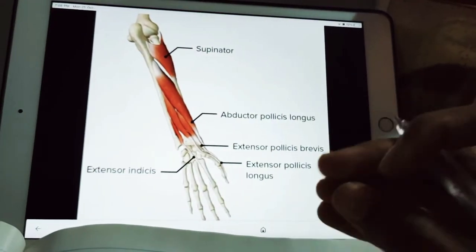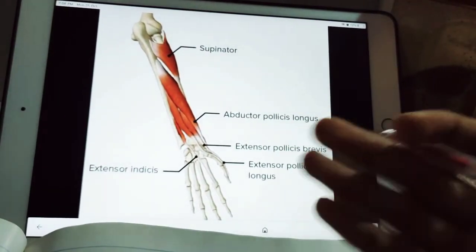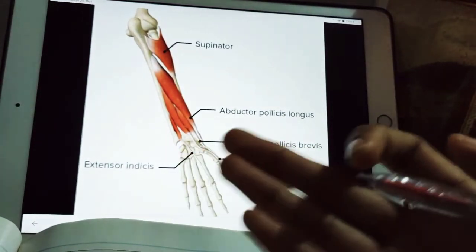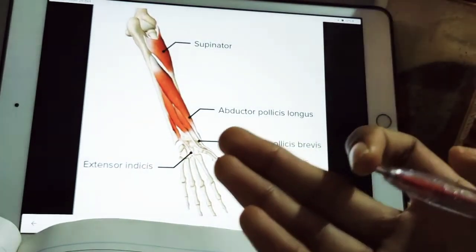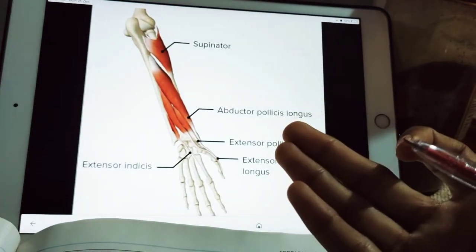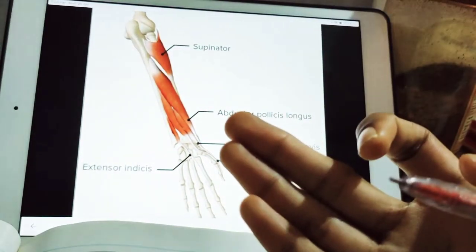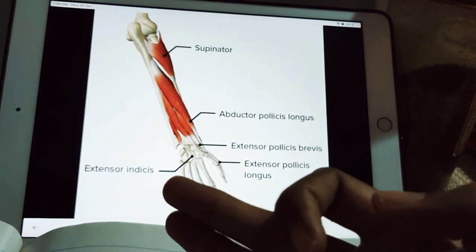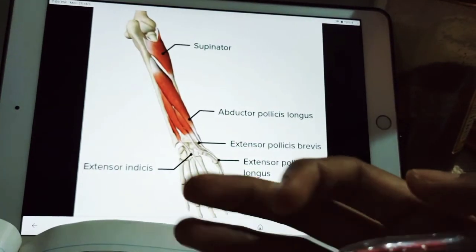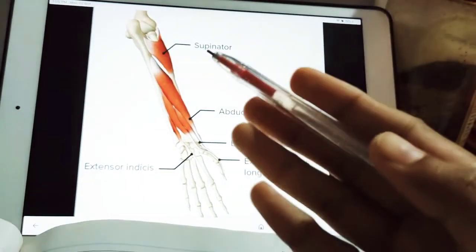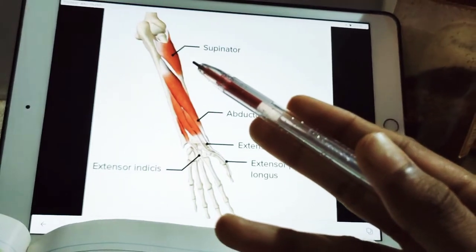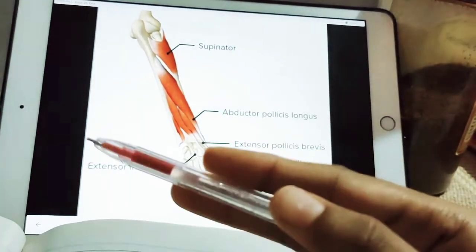Even remembering the origins and insertions is very simple. Extensor pollicis longus is from the ulna, extensor pollicis brevis from the radius, abductor pollicis longus from both radius and ulna, supinator from the lateral epicondyle, and extensor indicis from the ulna. Now insertions: supinator inserts into the neck and shaft of the upper part of the radius.